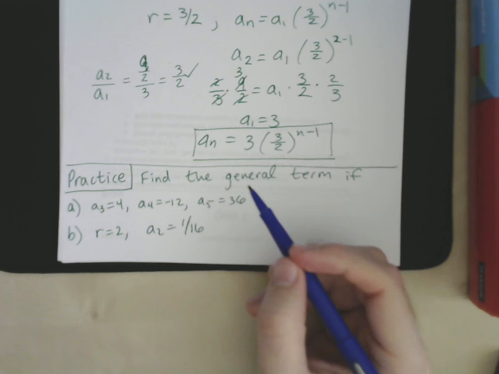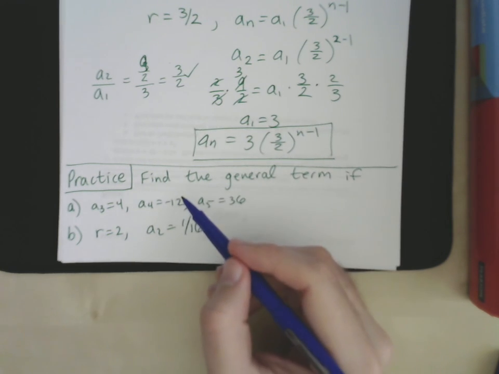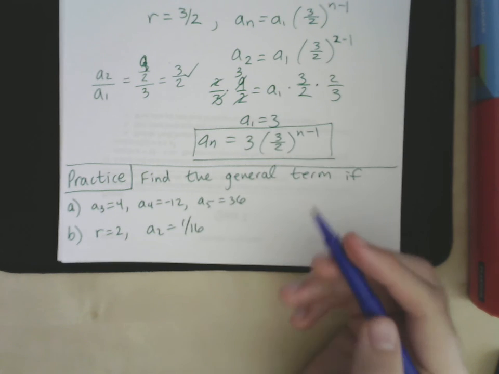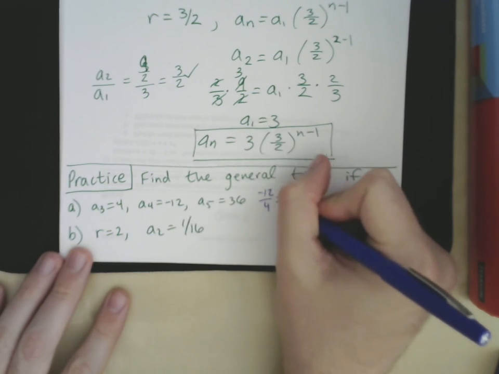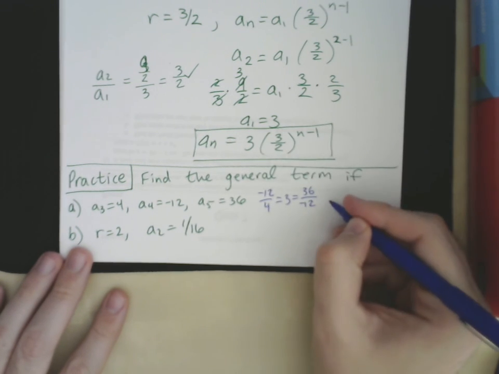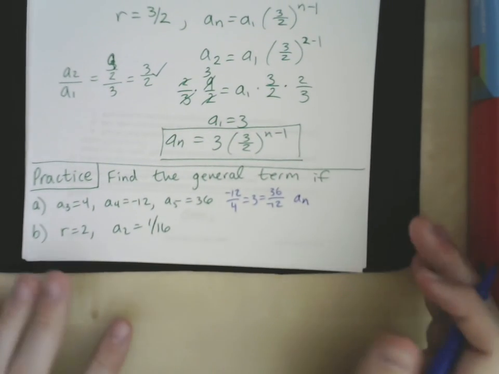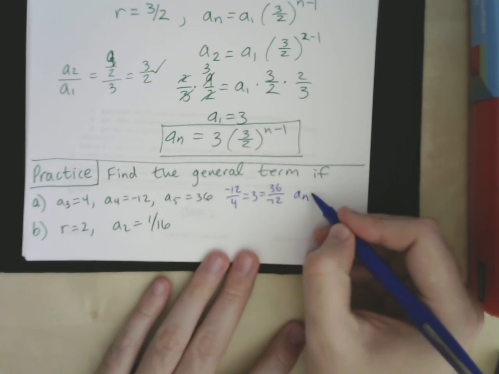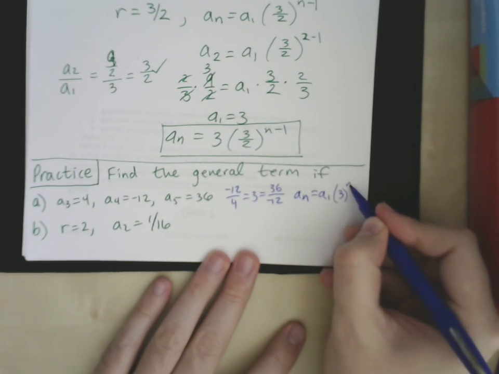So first, in part A, we need to figure out our r. Negative 12 over 4 is negative 3, which is the same as 36 over negative 12. And then it's just a matter of plugging in and figuring it out. So a sub n should be a sub 1 times negative 3 to the n minus 1.